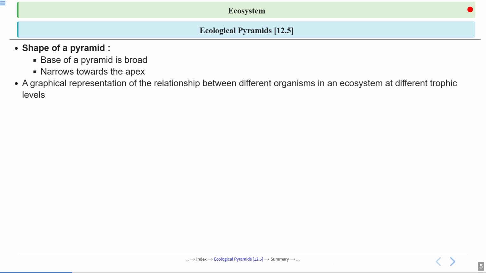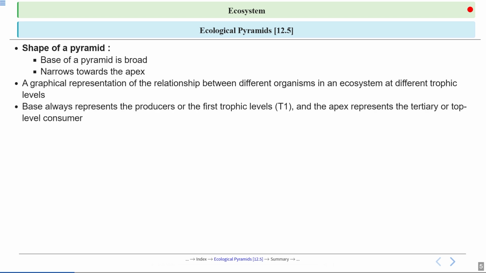Now, an ecological pyramid is actually a graphical way to show the relationship between different organisms at each trophic level in an ecosystem. Each level represents a step in the food chain from producers at the bottom to top consumers at the apex.